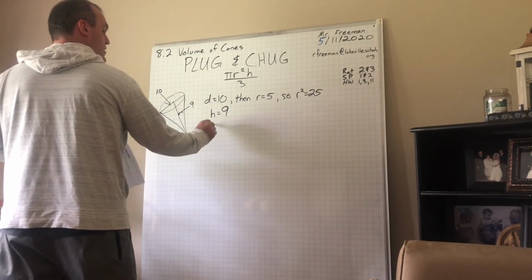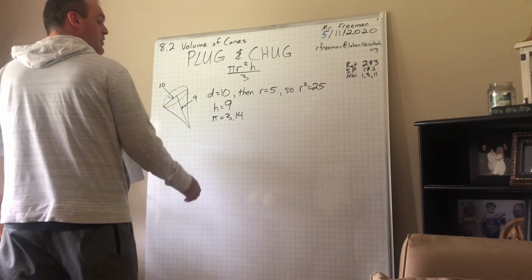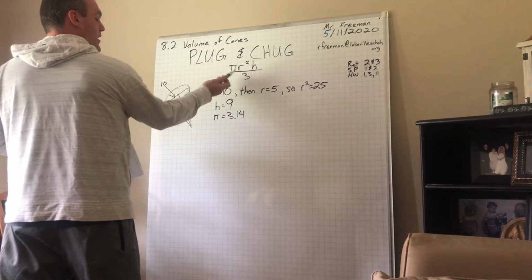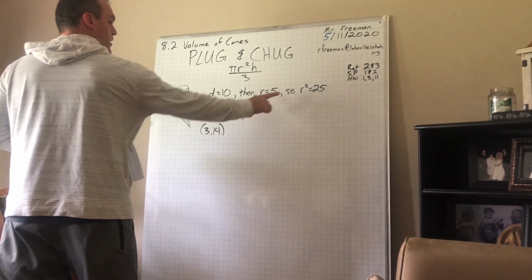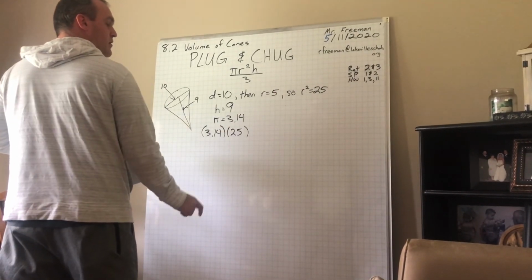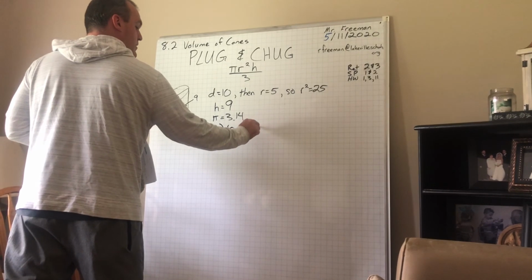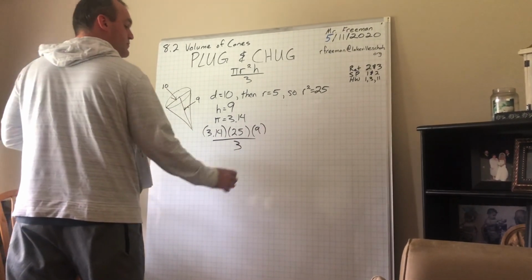And of course, pi equals 3.14. So we fill in our formula, plug and chug. We know that pi is 3.14, we know that our r squared is 25, and we know that our height is 9.